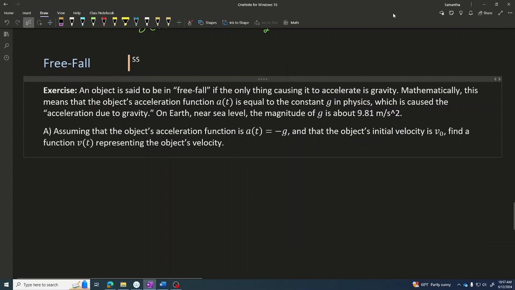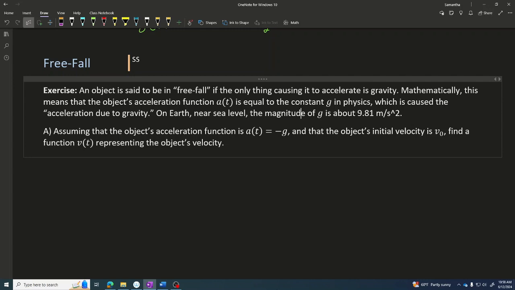Let's explore this idea in one very special situation where the object has a very special acceleration function. An object is said to be in free fall if the only force causing that object to move is the force of gravity.